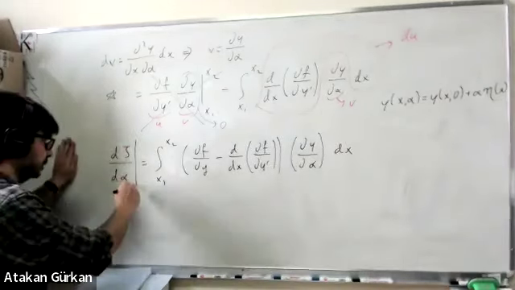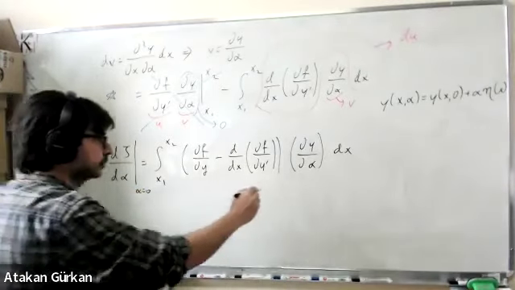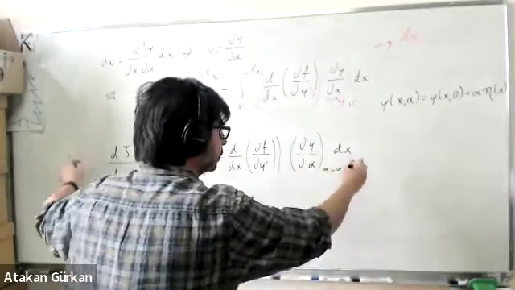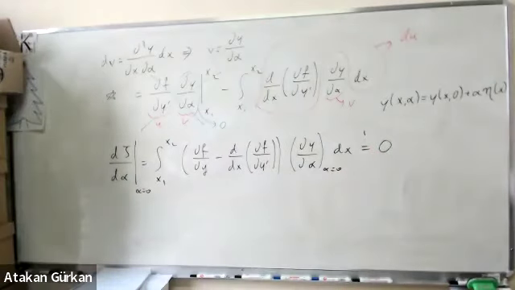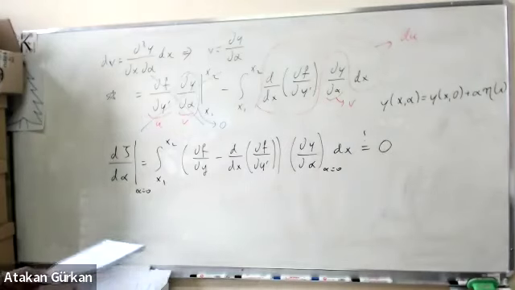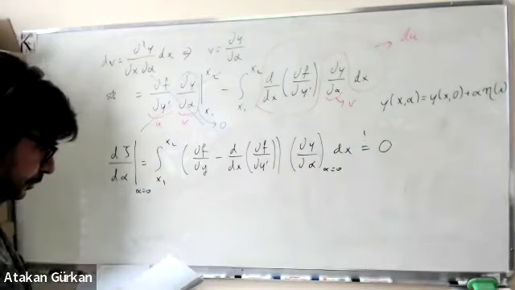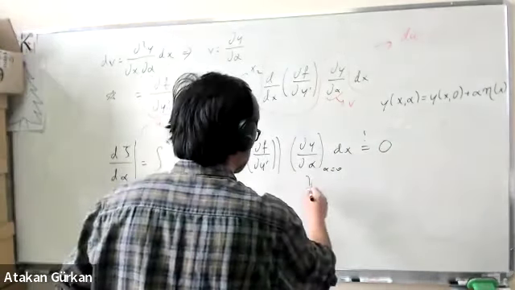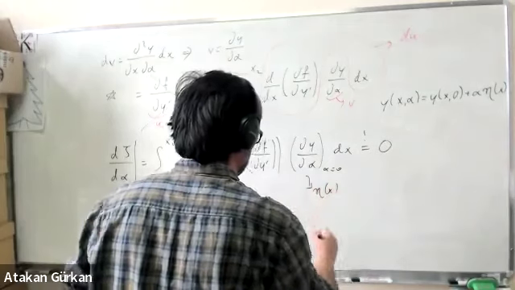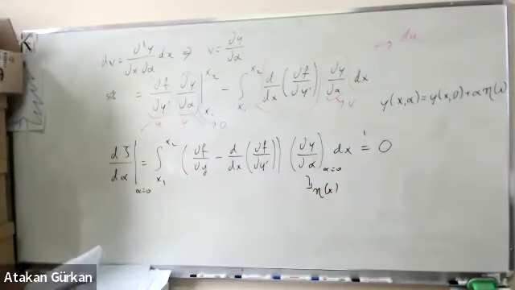The correct path is alpha equals 0, to be 0. But this is just eta of x. Now, I already talked about this trick in the discrete case.